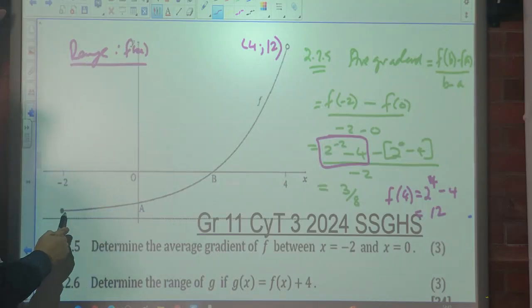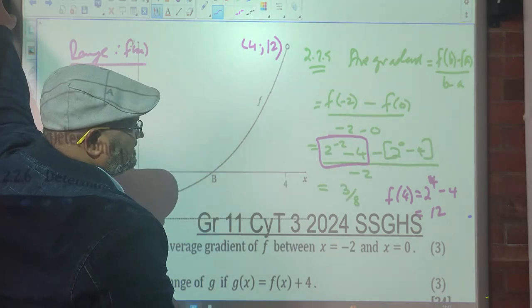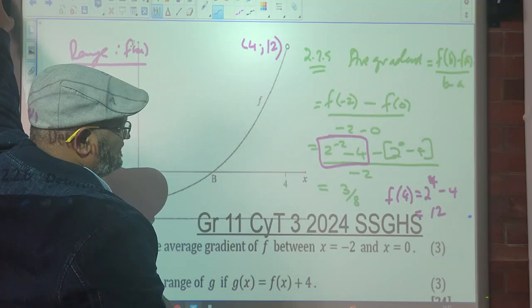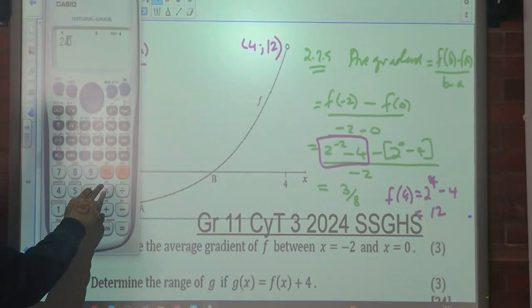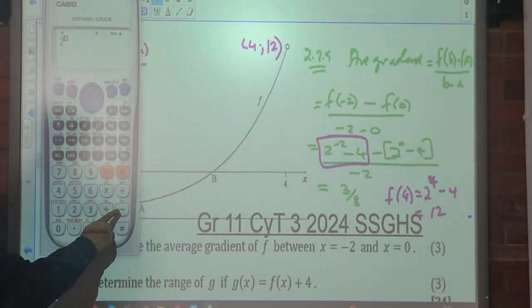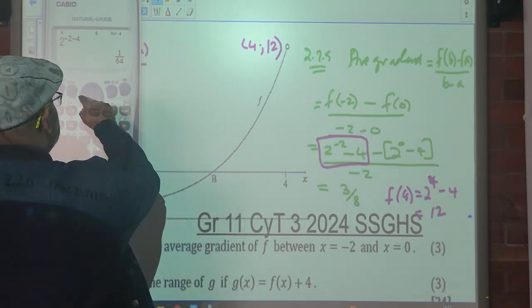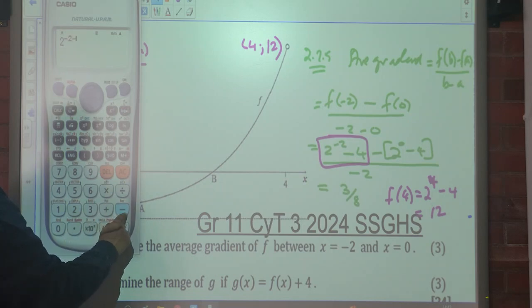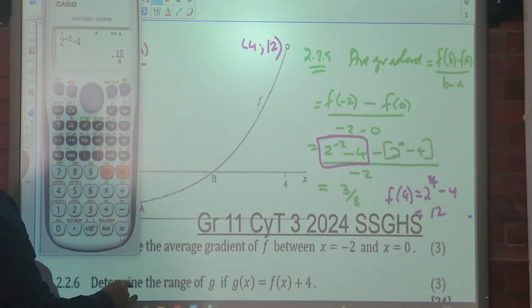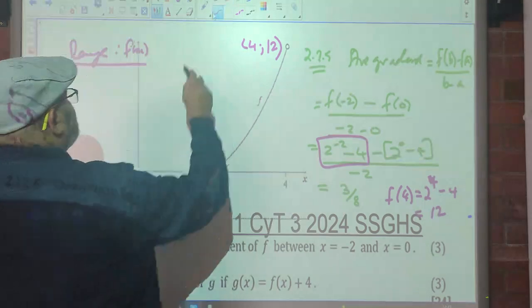Negative 2 gives you an answer of negative 15 over 4, I think it was. 2 to the negative 2 minus 4 is minus 15 over 4.